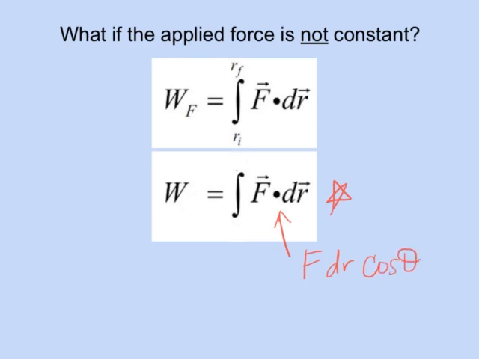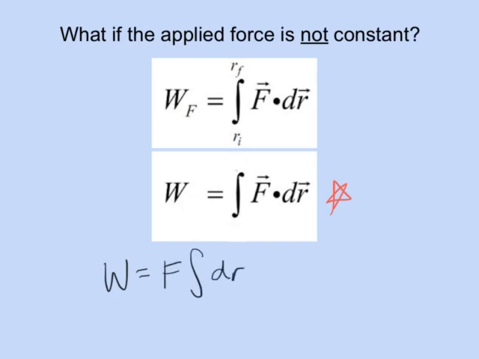This is also written in integral form, and again, I know some of us are just sort of getting used to that. When your force is constant, then the force can be pulled out of the integral, and we can think about work being just a constant force times dr, which just, again, ends up being our force times our displacement.